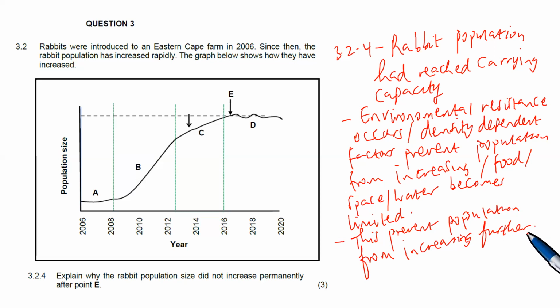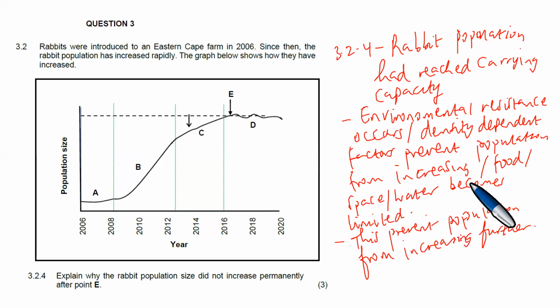So we have a rabbit population that had reached carrying capacity. We're saying, why is it that there's stagnation here and there's no more growth? Because it was growing fast, and suddenly it is beginning to zigzag. Why? Because the rabbit population had reached carrying capacity, so it can't grow further above that. The environmental resistance occurs, or density-dependent factors prevent population from increasing.